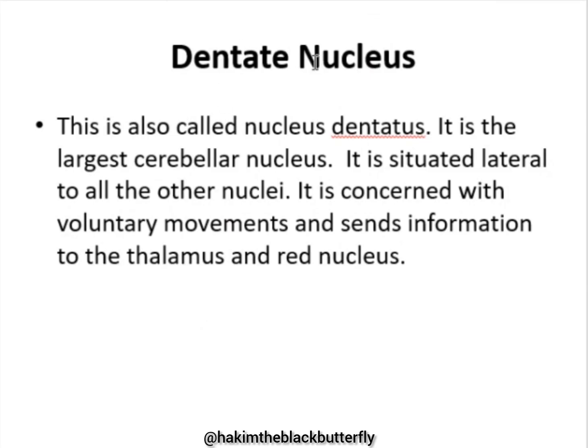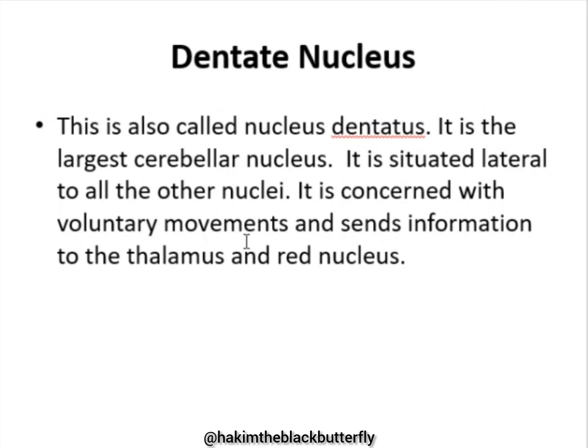Information coming from the dentate nucleus, which is the largest, is concerned with voluntary movements. All your voluntary movements, in order for them to be perfect, I mean that the muscles must have the proper tone and they must be activated in the correct sequence.